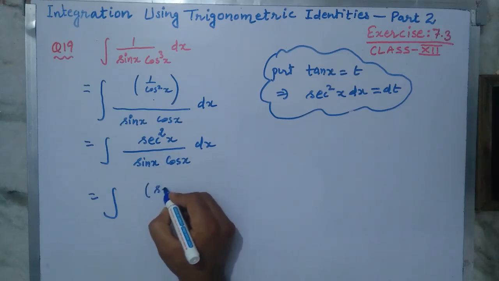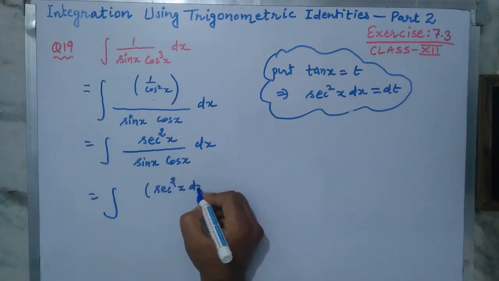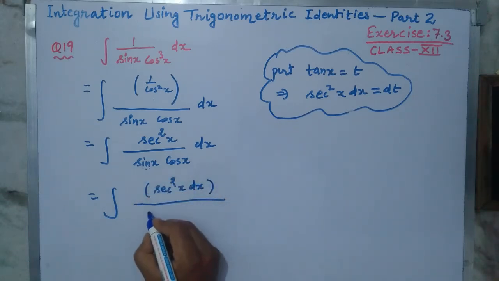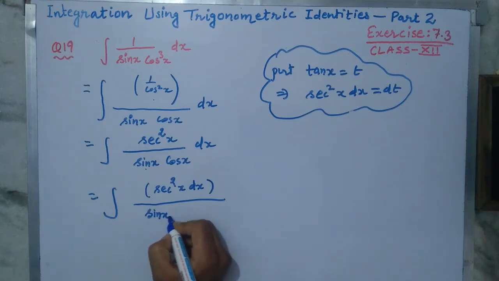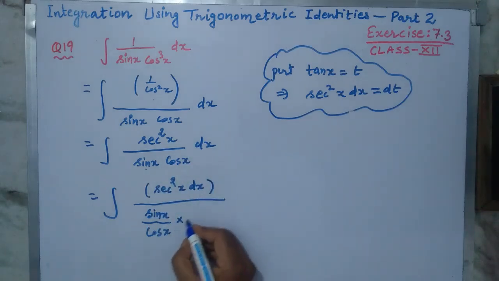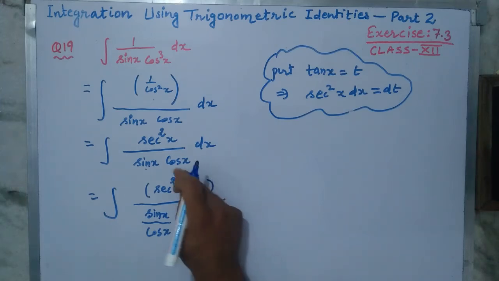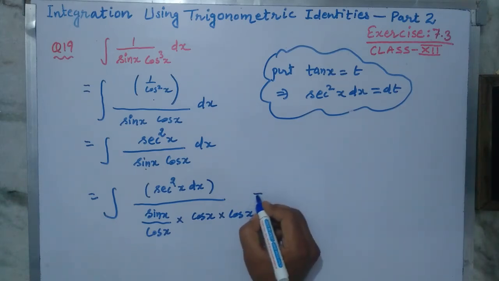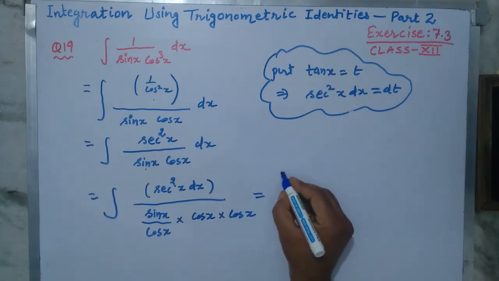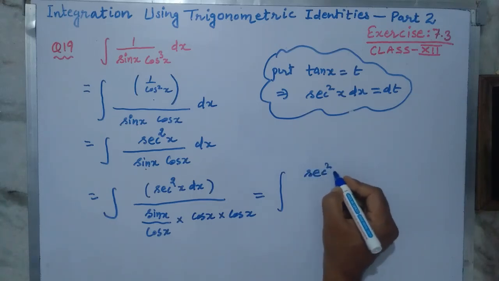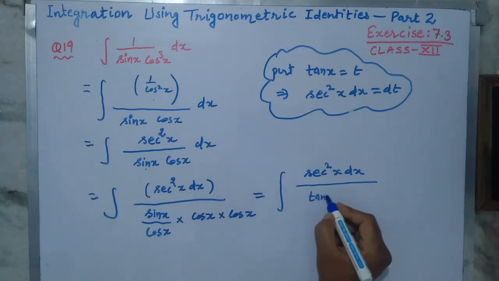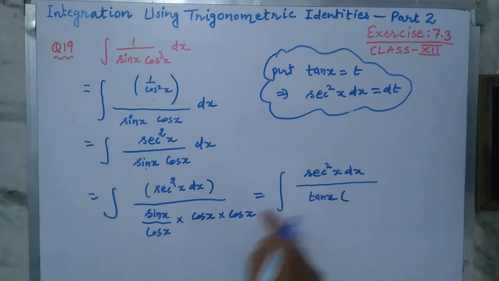This is now secant square of x into dx upon, in order to make this tangent x, we have to divide sin of x by cos x, but simultaneously we have to multiply by cos of x. So cos of x was already there, so we write this now equal to secant square of x into dx whole divide tangent of x into cos square x.